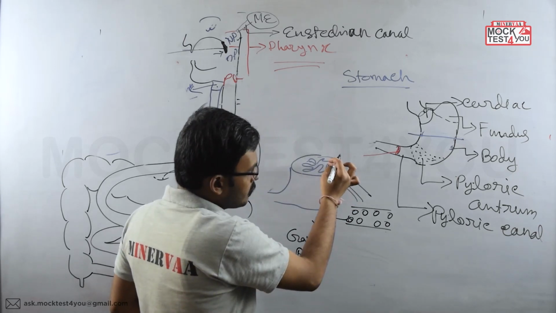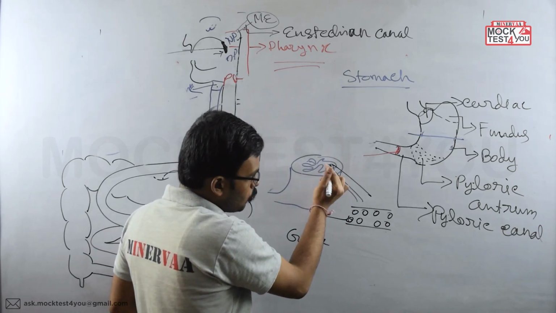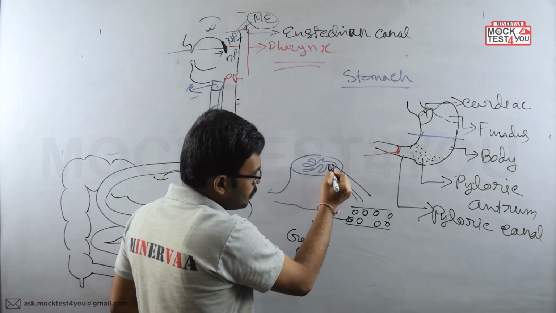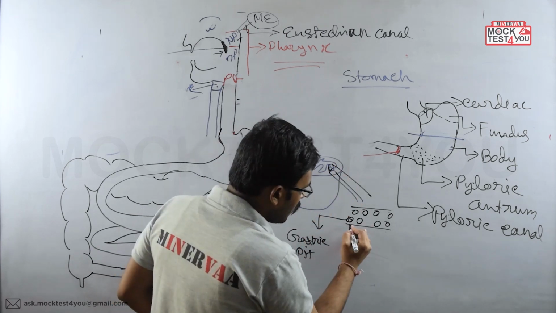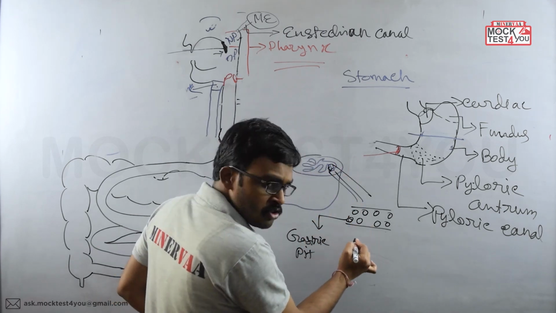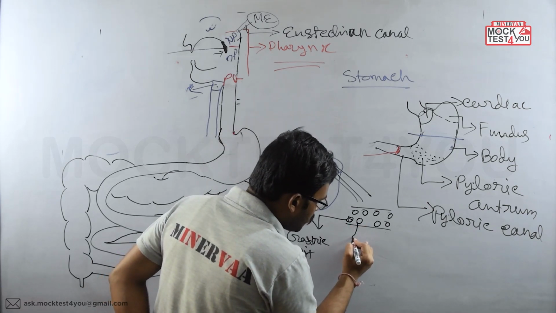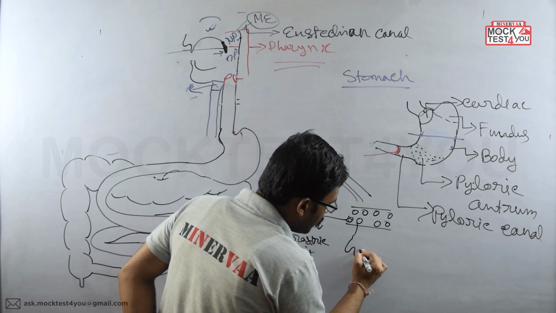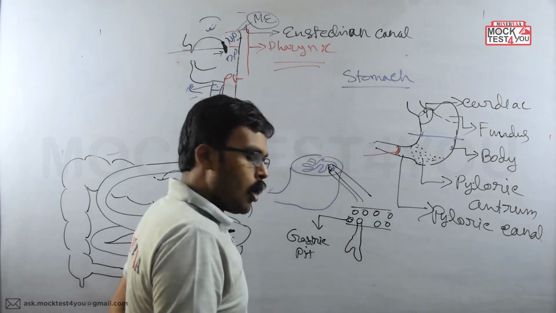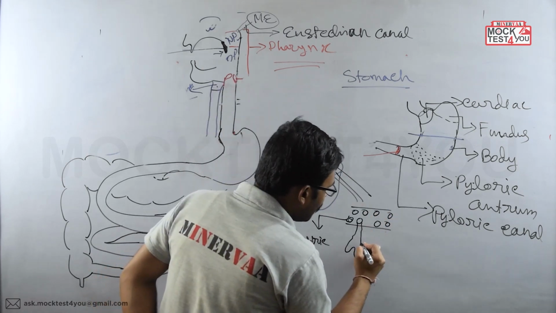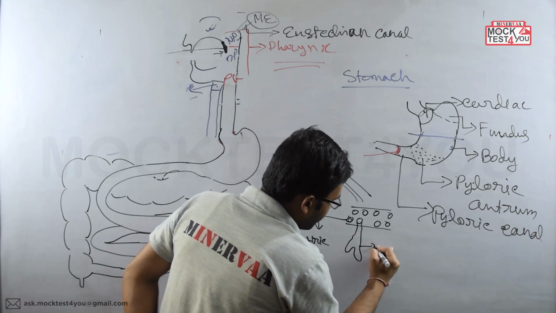Now from the surface, if we go towards the inner side, we'll see the extension of the gastric pit, and in that extension we are finding a gland.